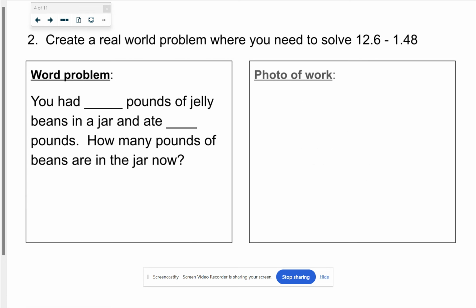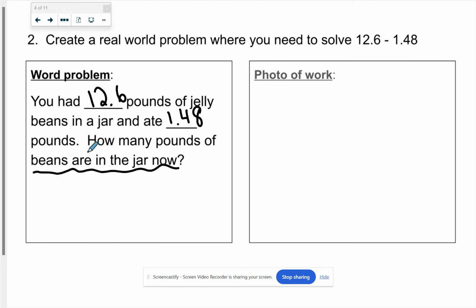Create a real-world problem where you need to subtract 12 and 6/10ths and 1 and 48/100ths. I took a sentence frame from the sample guide. You have 12 and 6/10ths pounds of jelly beans in a jar, and you ate 1 and 48/100ths. So now what we need to do is subtract because it says how many are left.